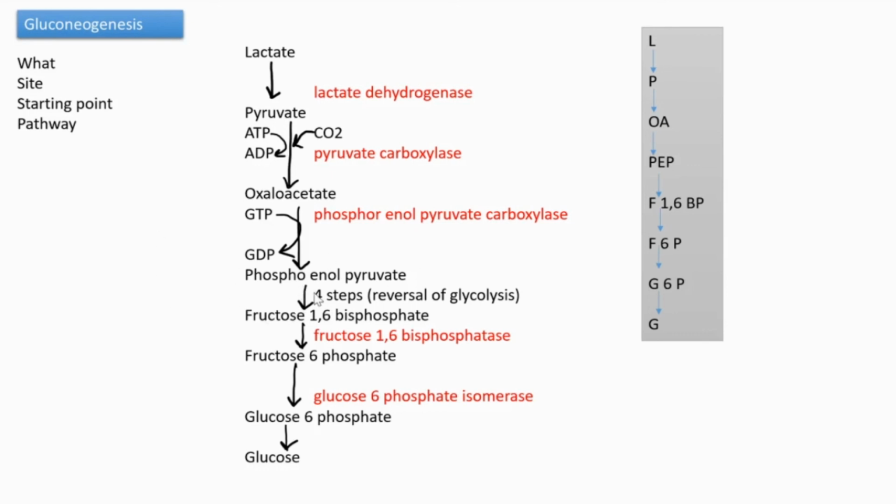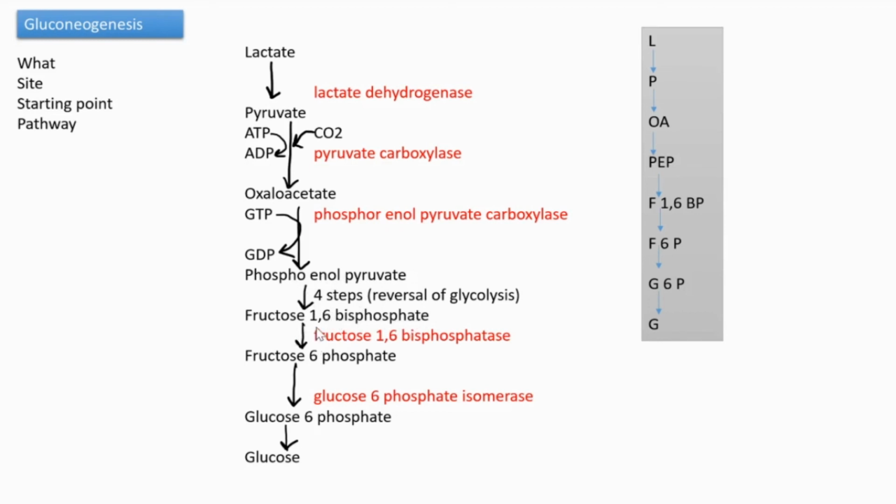That means these four steps as such are present in glycolysis also, but in glycolysis they act in the forward direction, while in gluconeogenesis the same steps act in the backward direction. That is the difference.